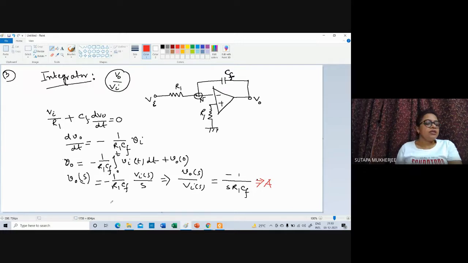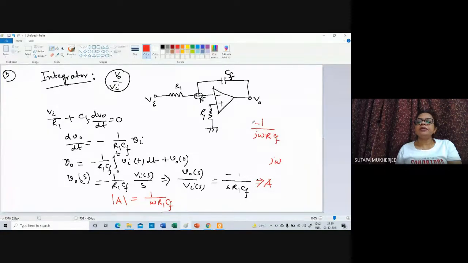So what will be the magnitude of A? 1 by omega R1 CF. Magnitude, S was j omega. I am repeating: it was minus 1 by j omega R CF.